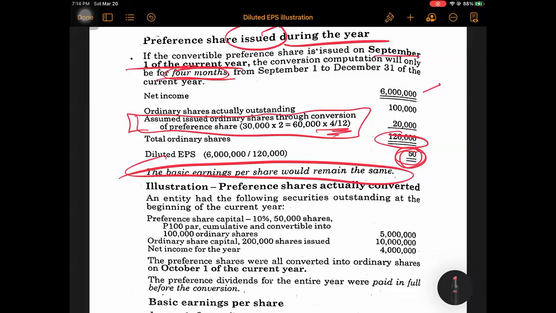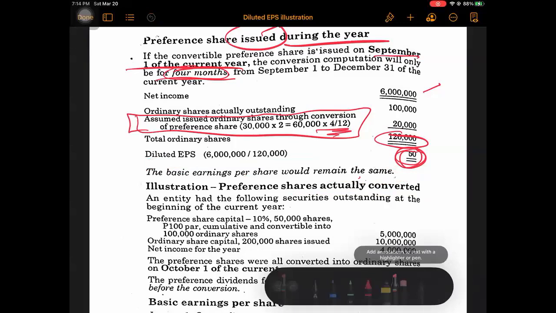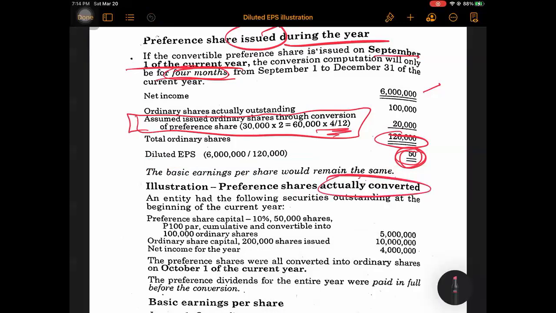Okay, this is the last case scenario for convertible preference share. What if it was actually converted? In this case, it is actually converted. Are there changes in the computation of your basic earnings per share? Yes or no?